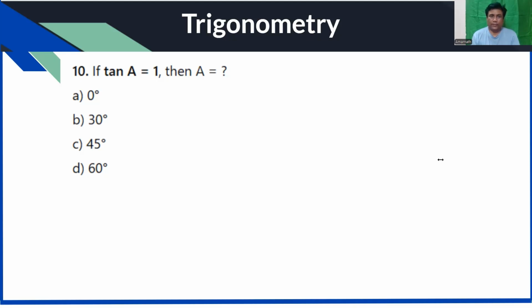If tan A is 1, then A is 45 degree. Tan 45 degree is 1, na? So if the A value is 45 degree, then tan 45 is 1. So it means it will be 45 degree.